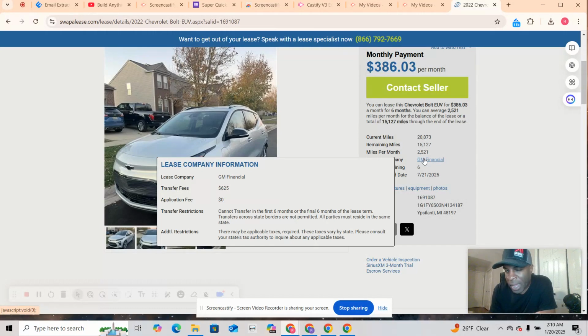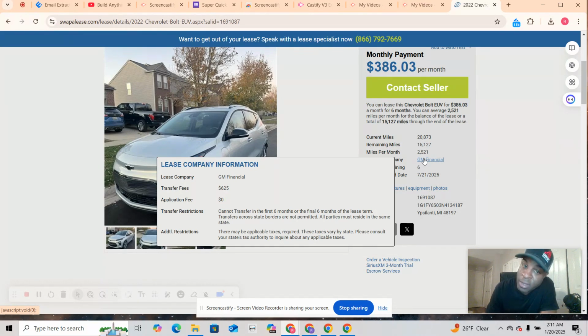You're going to be paying anywhere between $2,000 to $3,000, but it's going to add a full lease. It's going to show that you paid the lease off on time. It's not going to show that the lease transferred. It's going to show the auto lease was paid off.